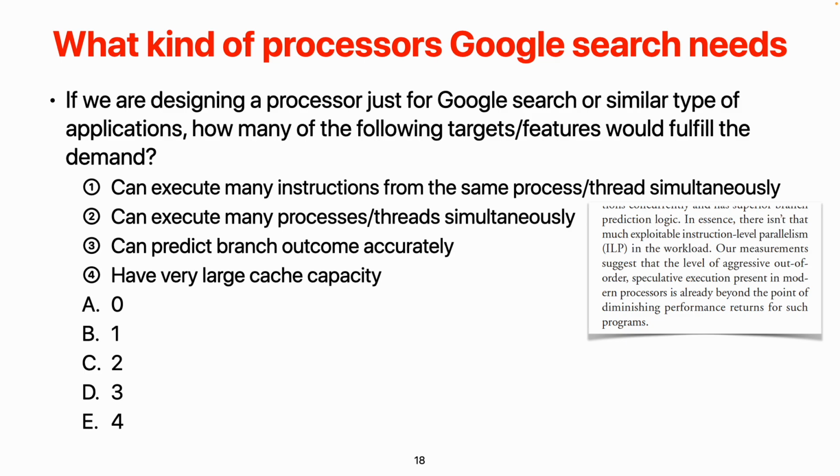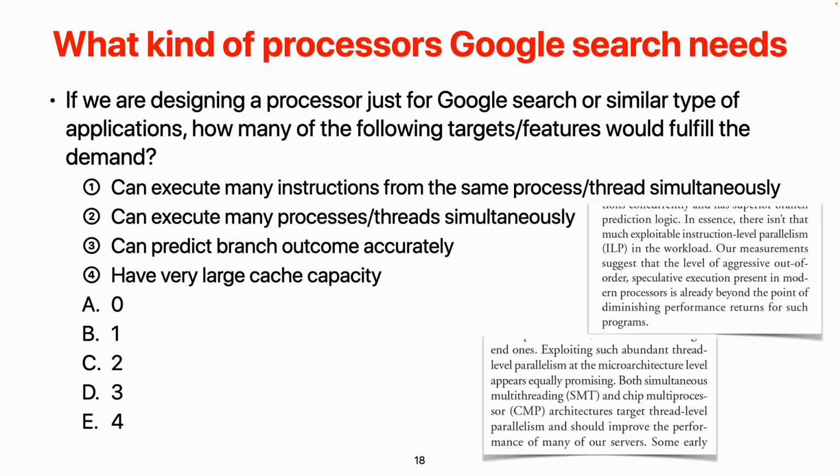Which level of parallelism? Thread level parallelism, right?